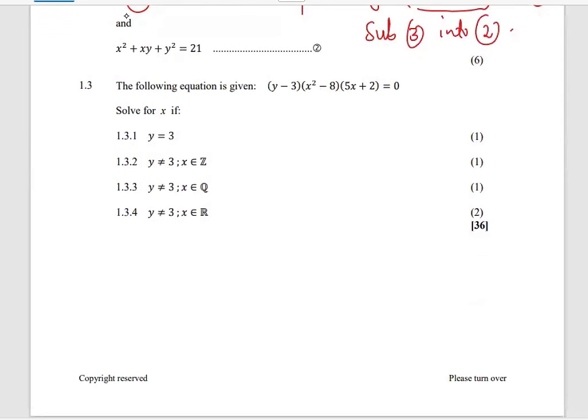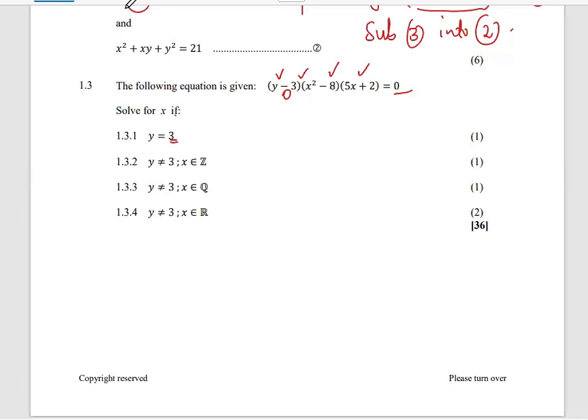1.3. The following equation is given. Okay, these are like vectors being multiplied together so that we get a 0. They want us to solve for x if y is a 3. If y is a 3. So if you replace y with a 3 here, this entire thing is going to be a 0.